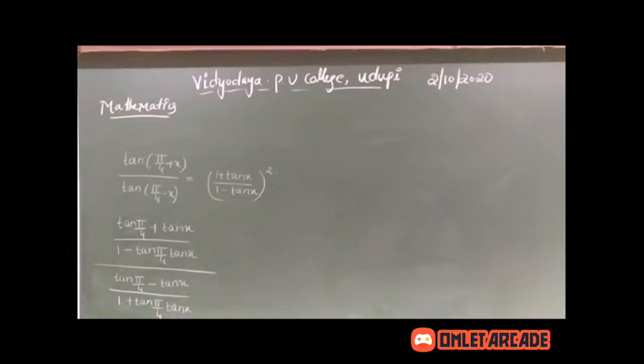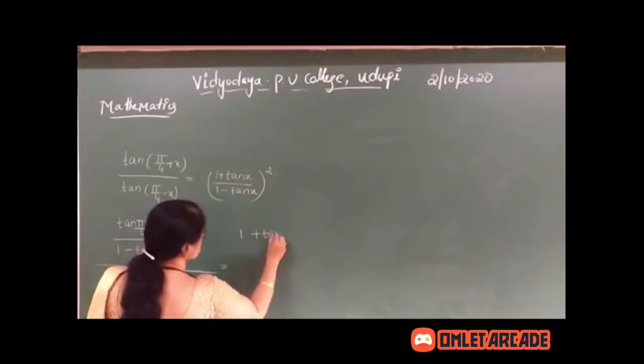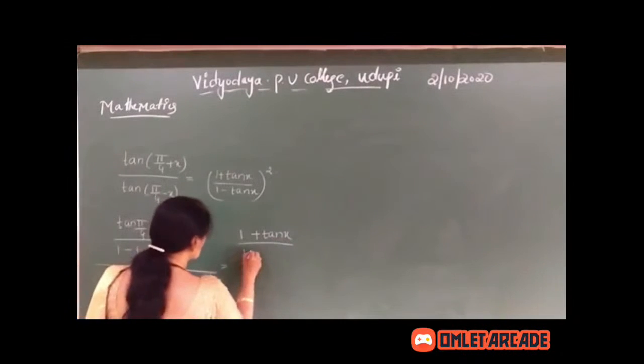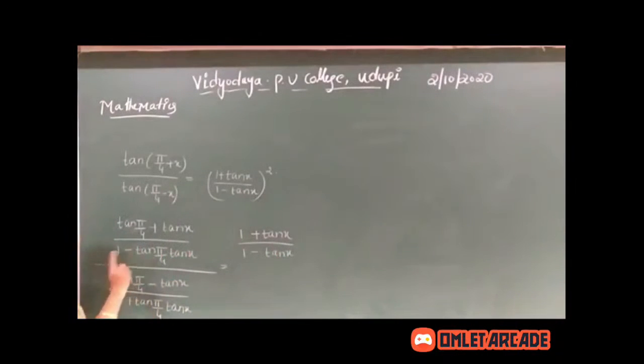Okay? Now what about this? See, we know that tan 45 degree is 1. So tan pi by 4 is 1, so we get 1 plus tan x by 1 minus tan x. Correct now? Tan pi by 4 is 1, 1 into tan x.